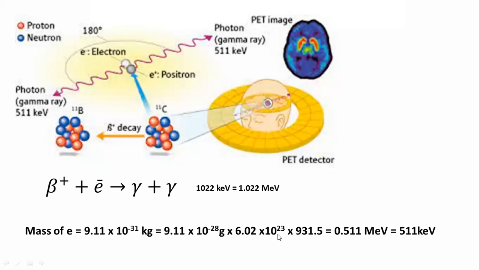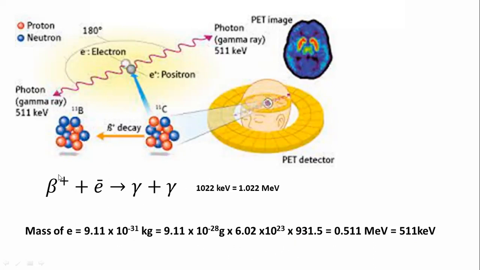Then you multiply with the Avogadro number. Remember, at the start we did the same calculation where we found the conversion ratio of 931.5 to convert mass into energy. When you multiply by 931.5, it converts into 0.511 mega electron volt, or 511 kilo electron volt energy. So this is the conversion for one electron.